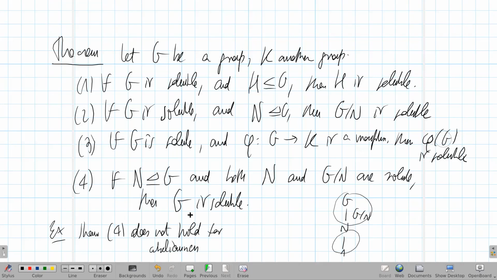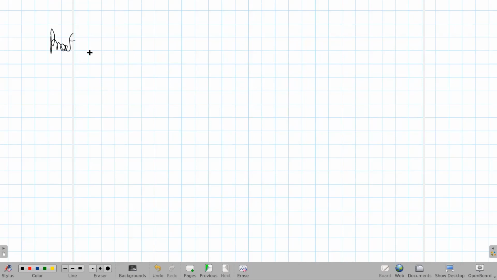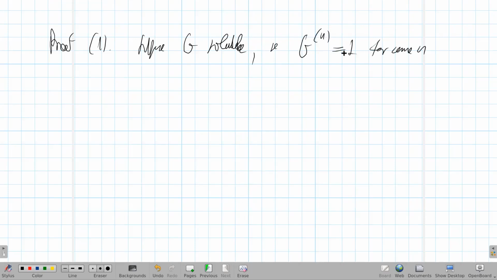We'll find that some of them are more useful than others. So first one, if G is soluble, then a subgroup is soluble. And for this, we can really use the definition. So suppose G is soluble, which means that G^(n) equals 1 for some n. These are the terms of the derived series.